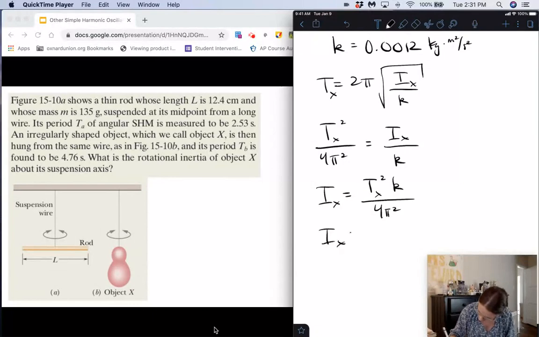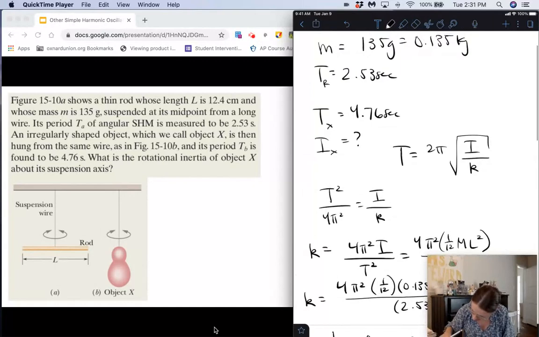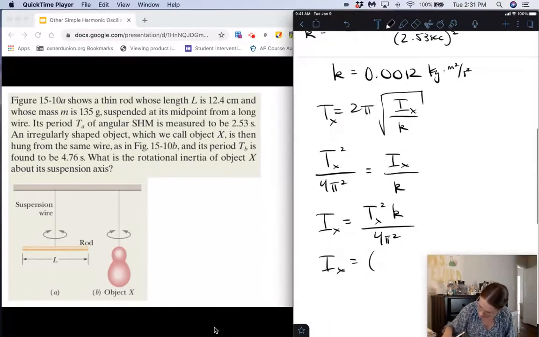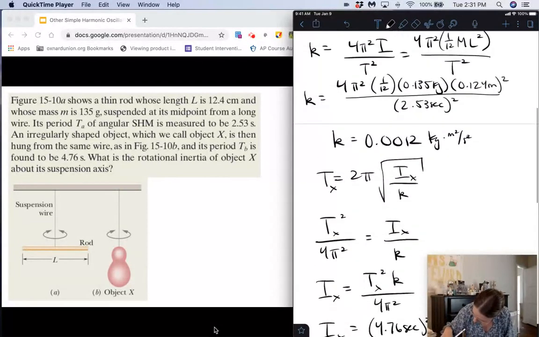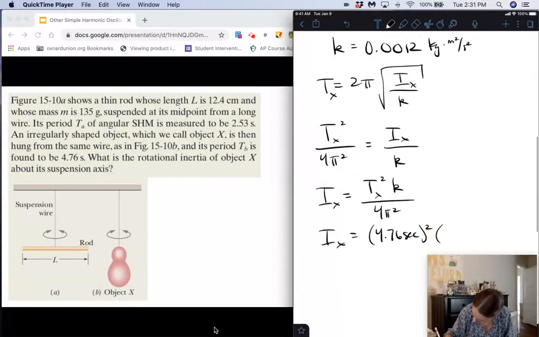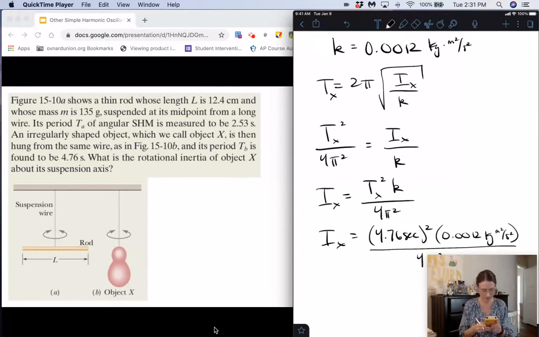Now plugging everything in, the period of object X was 4.76 seconds. I'm going to square that, times kappa, which we just found was 0.0012, divided by 4 pi squared.